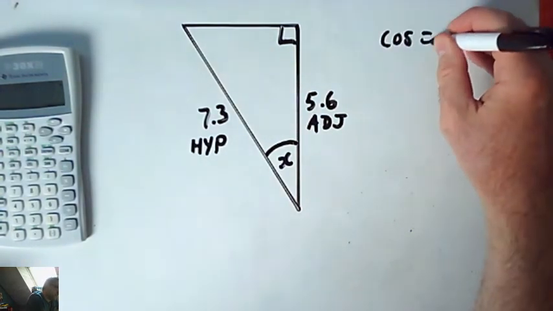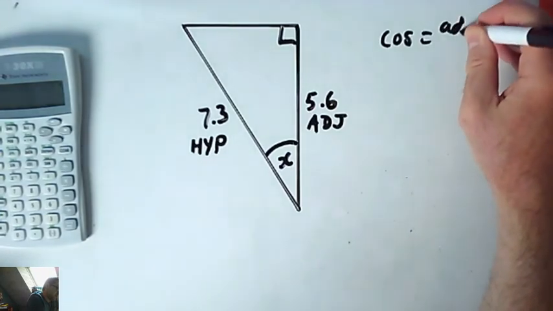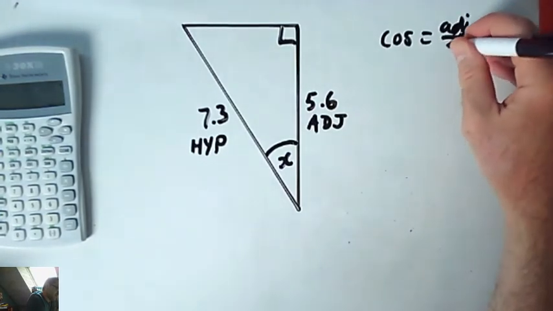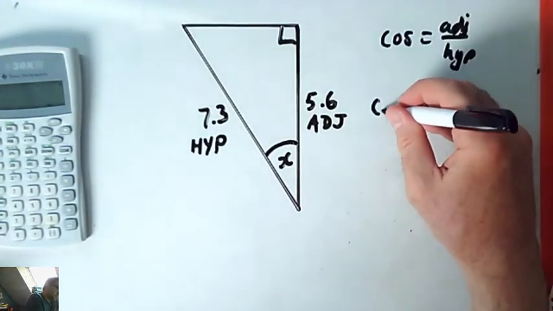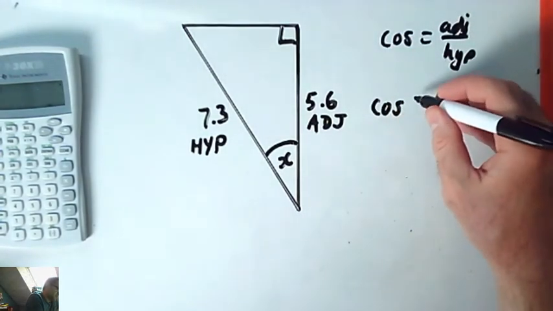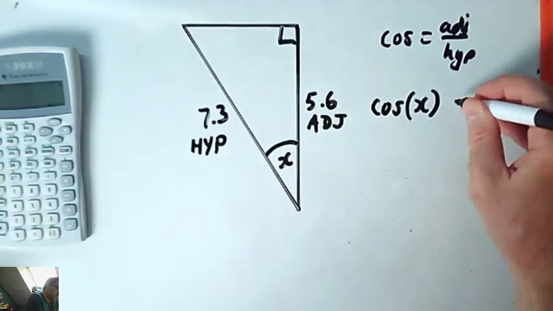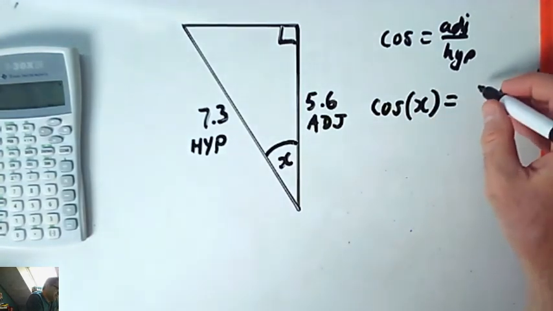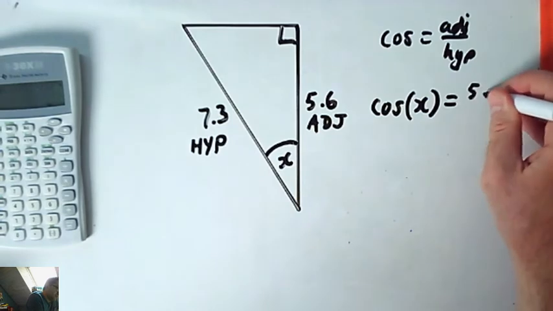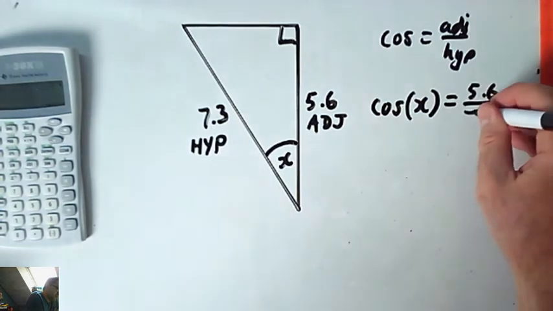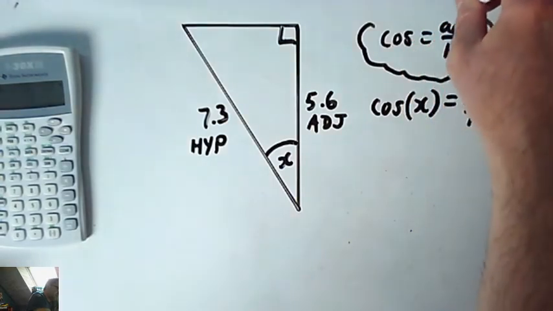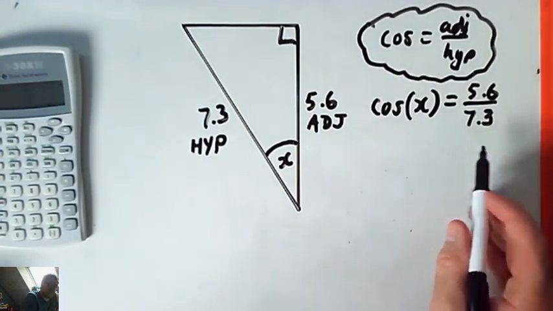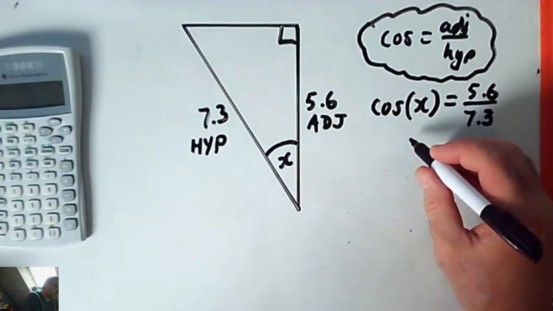Cos equals adjacent over hypotenuse, and in this case cos of x, the angle we're trying to find out, is equal to the adjacent 5.6 divided by the hypotenuse 7.3. So cos x equals 5.6 over 7.3.